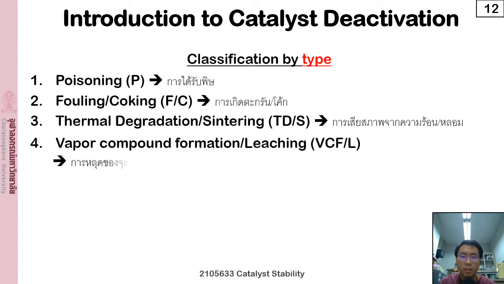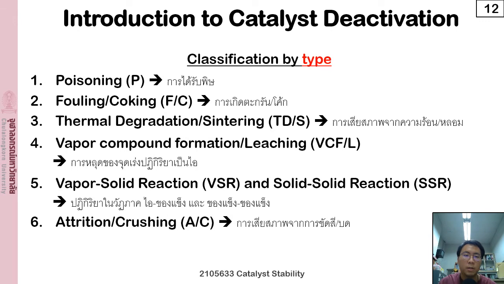The catalyst deactivation can be classified into 6 schemes. The first one is poisoning, which we will talk about in depth today, and the rest will be in later weeks. The second type is fouling or coking, which is caused by carbon-based substances that deposit on the catalyst and reduce its activity.